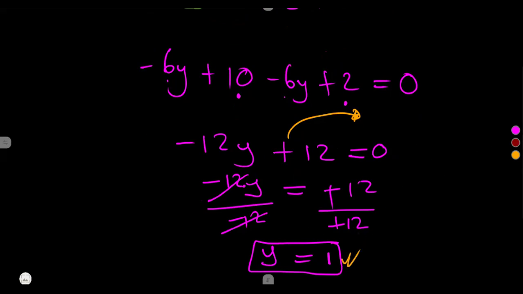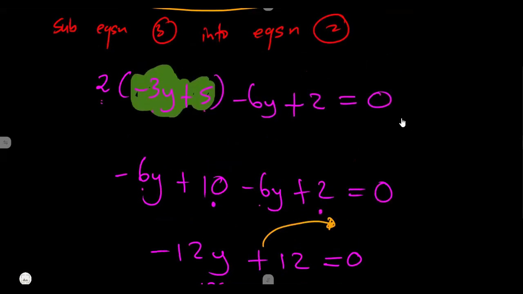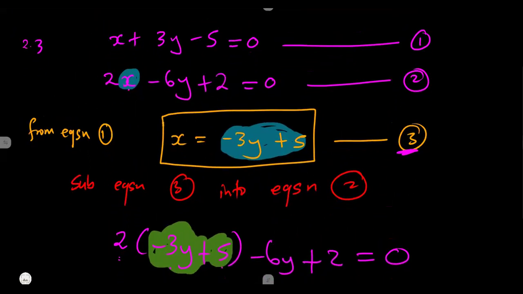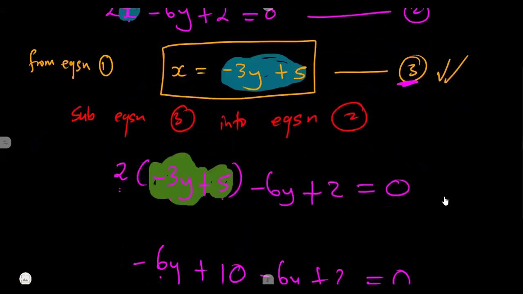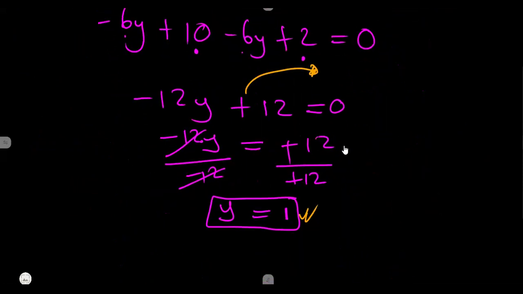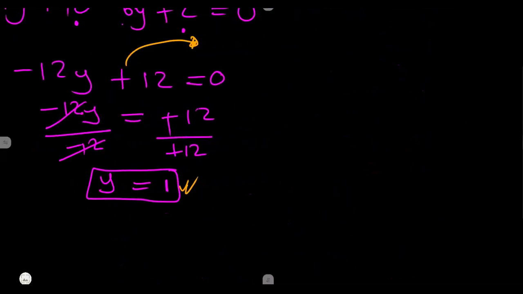And with this value of y, we substitute into any one of these equations. Equation 1, equation 2, equation 3. But as you can see, equation 3 is the best because already x there is the subject. So I'm going to take equation 3. So substituting back into equation 3.